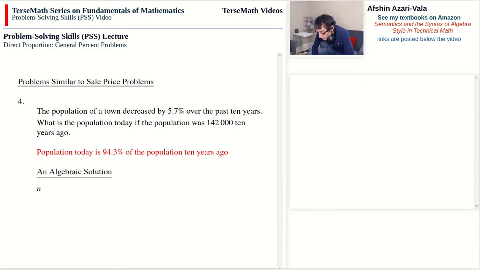For an algebraic solution with n being the population today, unit 1, n becomes equal to 100% minus 5.7%, so we sort of explained where 94.3% comes from, of the initial population, or population 10 years ago. And converting these to decimals gives us n equals 1 in place of 100% and 0.057 in place of 5.7%.